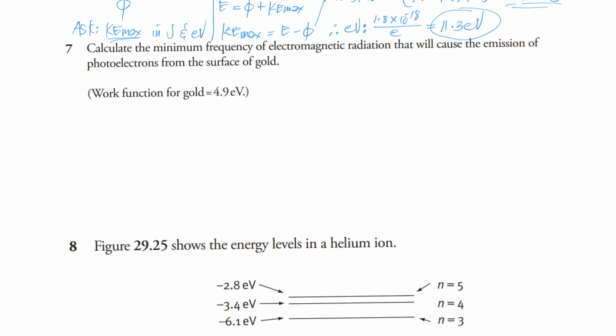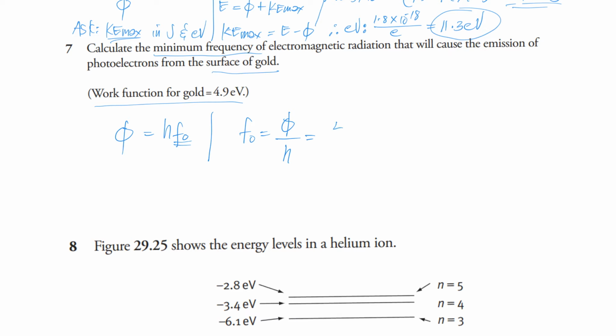Number 7, calculate the minimum frequency that will cause the emission of photoelectrons from the surface of gold. So your work function is here. Now we just use the formula. Work function equals h f0. f0 means the minimum frequency or threshold frequency. So f0 equals the work function divided by h.